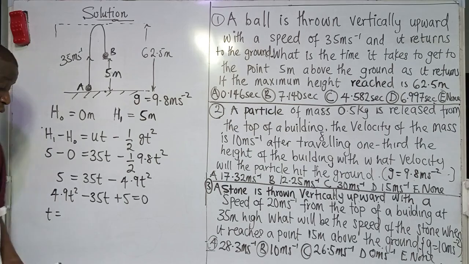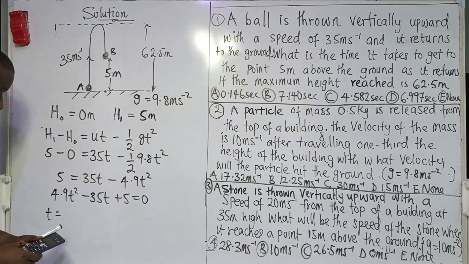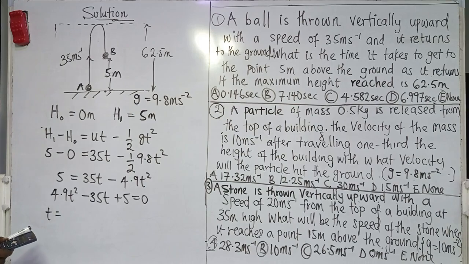Let's say A is 4.9, B is minus 35, and C is 5.